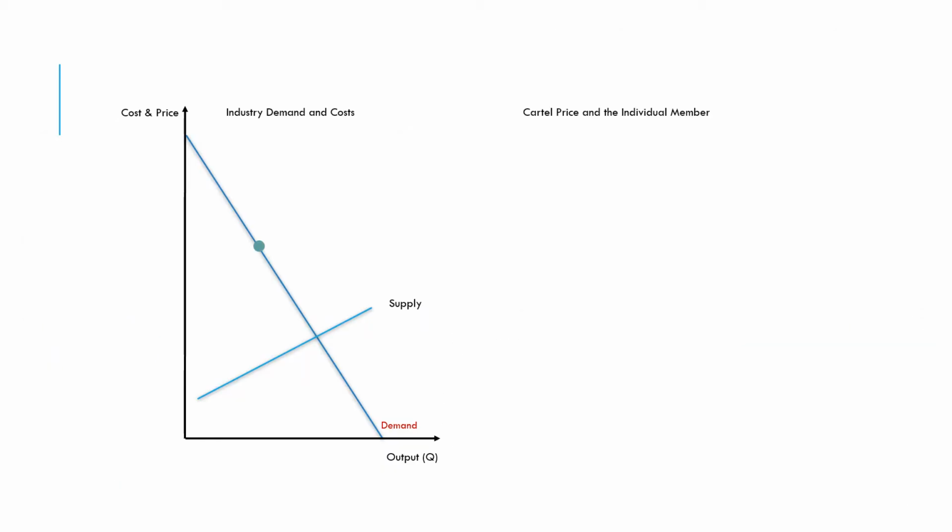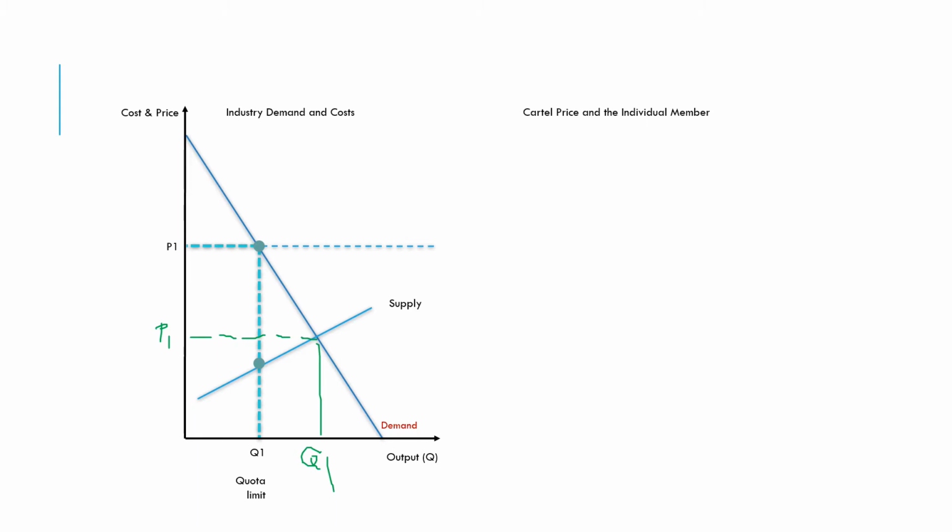And this is how OPEC would work. Now, in an open market on the left-hand side for oil, we have demand and supply. We would expect a market price of P1 and a market quantity of Q1. But what OPEC do is they say, we're going to limit supply.